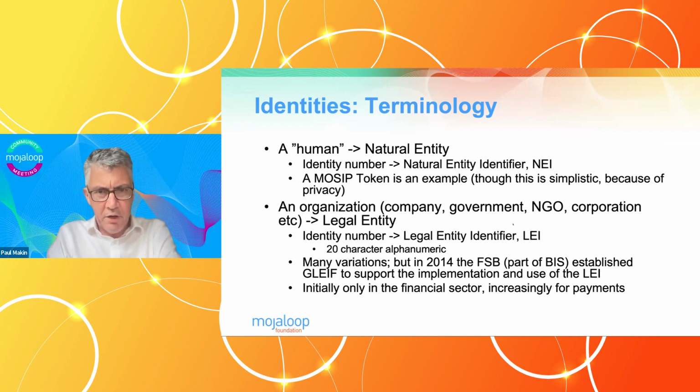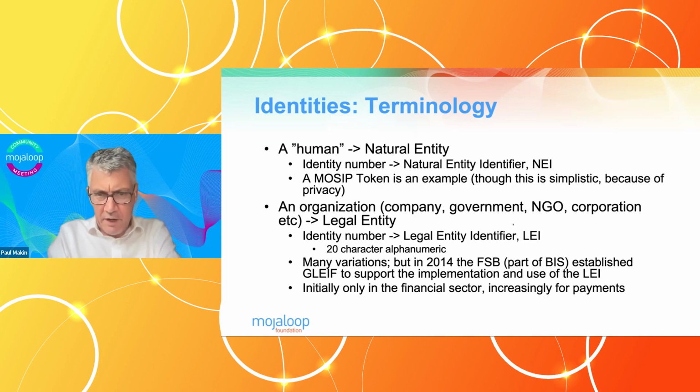By contrast, an organization, be it a company, government, whatever, is a legal entity, and an identity number is a legal entity identifier. There are many variations of this, but the one that we are particularly looking at is the LEI, which is defined by the Global LEI Foundation, which was developed out of the FSB back in 2014.